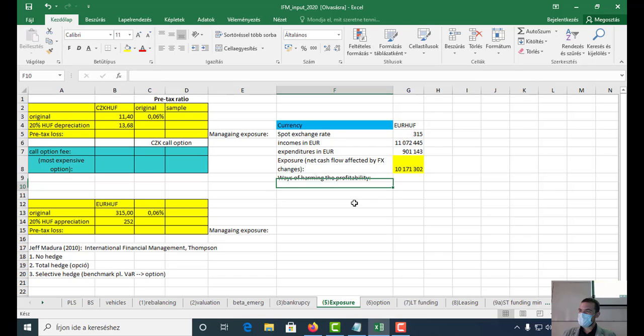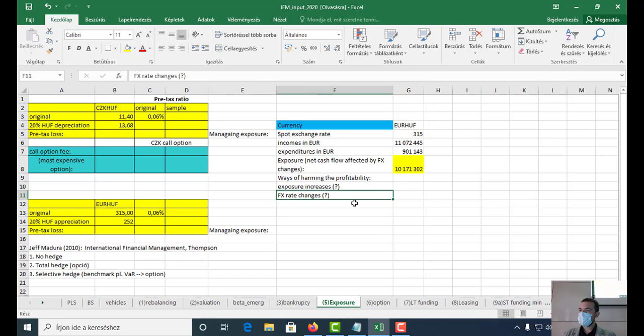So ways of harming the profitability. Actually, we can say that the exposure grows, so something changes with the money, or we can say that the exchange rate changes. But which way?